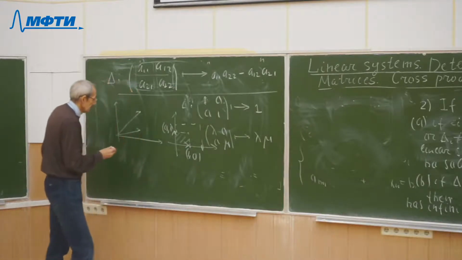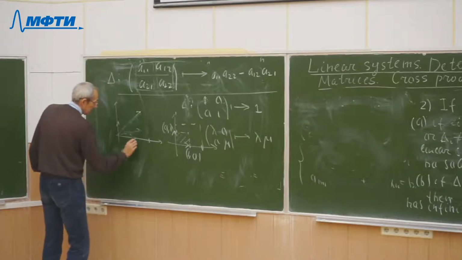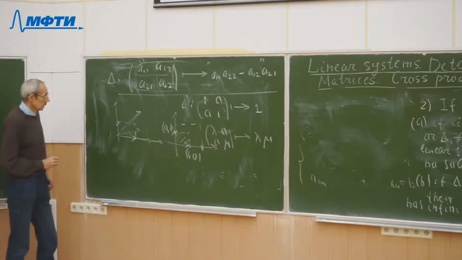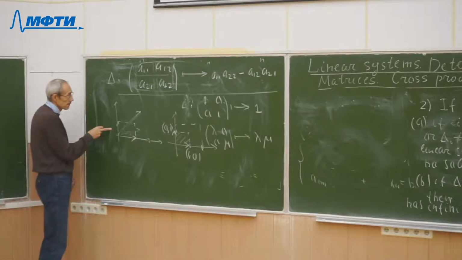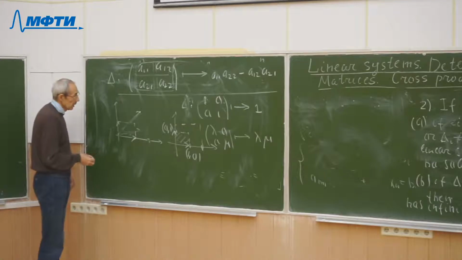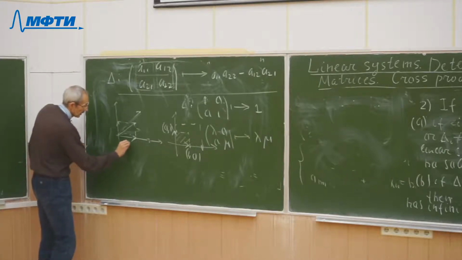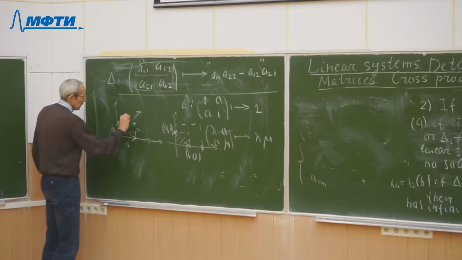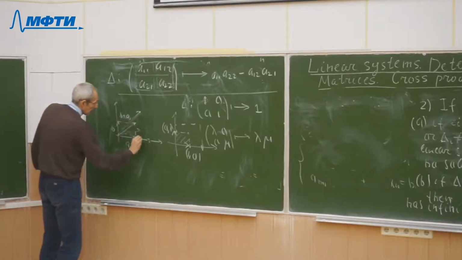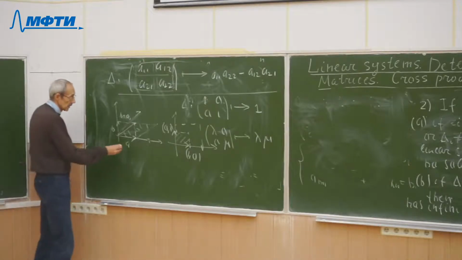Okay, if we add the first vector to the second, we obtain the sum, maybe this vector A and this vector B, and consider the sum B plus A. The area of this figure will be the same.